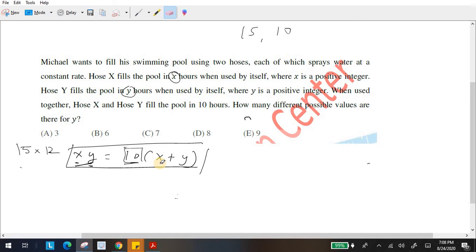For that, you can look at this condition: xy over (x plus y) should be equal to 10. It should not be more than 10. Okay. So the only one I've found right now is 20 and 20. Only 20 and 20? Yes. There are a few more. You're close, but you have to look for that.